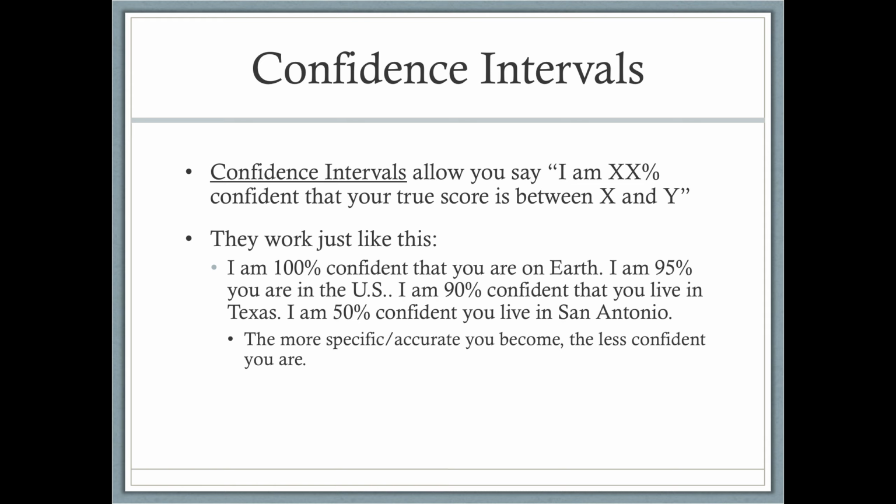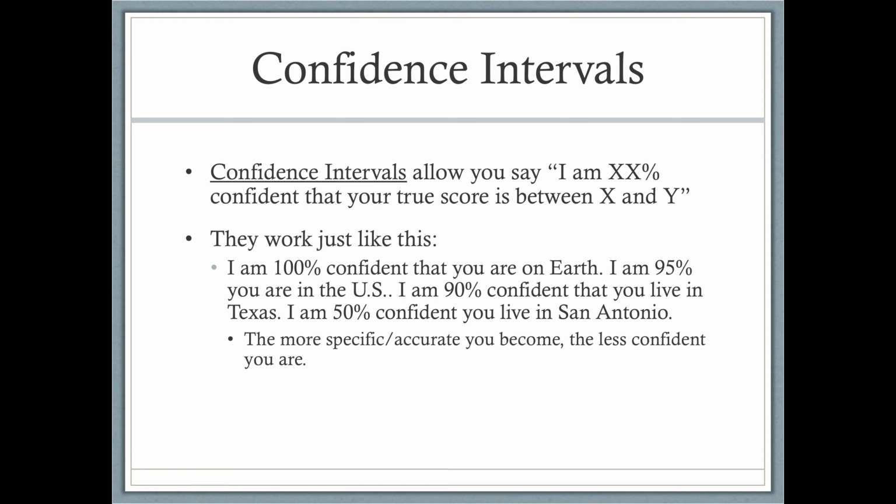I don't know where any of you live, but I am 100% confident that you live on Earth. I am 95% certain you live in the US. I'm 90% confident that you live in Texas. I'm actually 100% sure you all live in Texas. I am 50% sure you live in San Antonio, because maybe some of you live in Bernie or San Marcos or Austin.